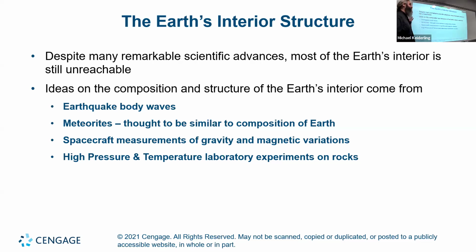By looking at the waves emitted by earthquakes and how they transmit throughout the Earth, by looking at meteorites that are thought to be leftovers from the formation of the solar system and using them to sort of work out what the starting materials for Earth were, by various spacecraft measurements of gravity and magnetic variations, and by high pressure and temperature laboratory experiments on rocks to work out what would be going on at the high temperatures and pressures inside the Earth.